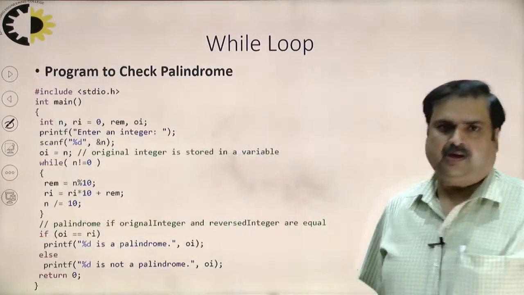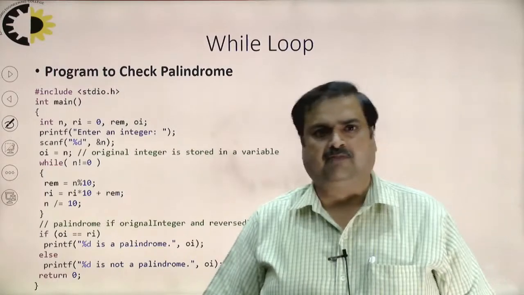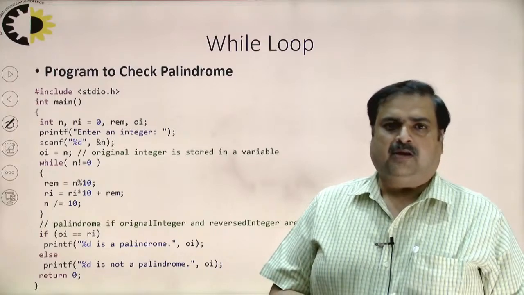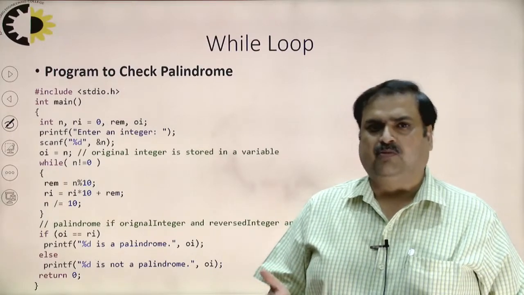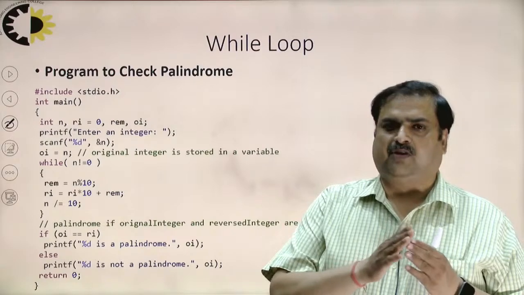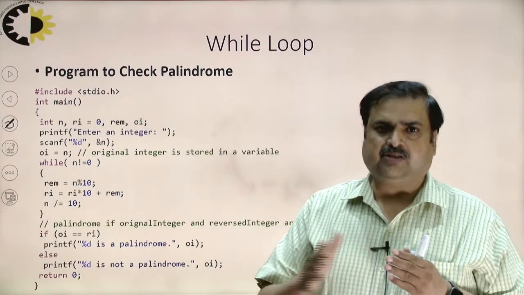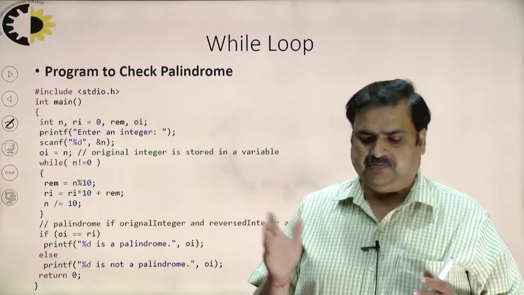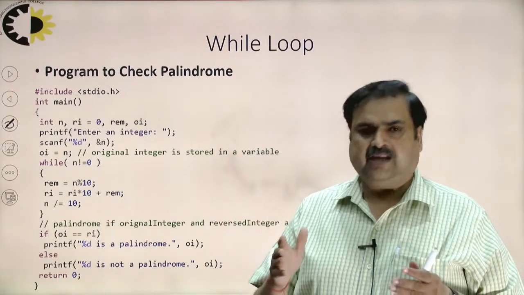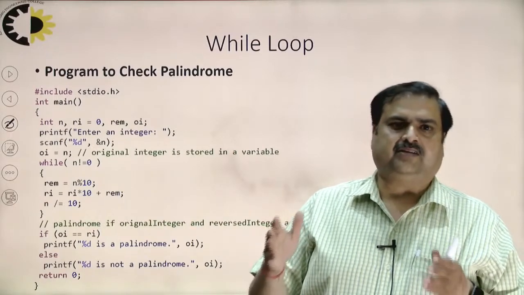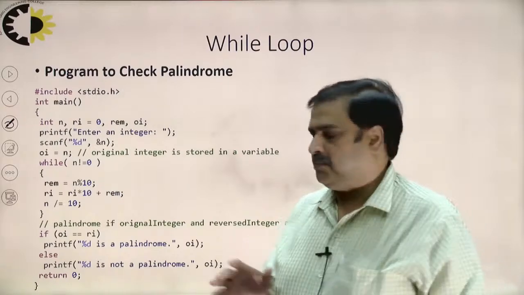Here is an interesting program to check whether the given number is a palindrome or not. A number is said to be a palindrome if, seen from forward or backward, the sequence of digits is the same. If the sequence of digits is the same, then we can say that this number is a palindrome.